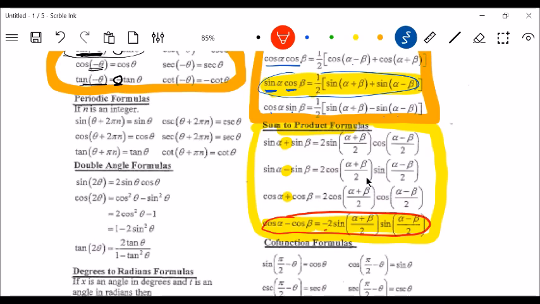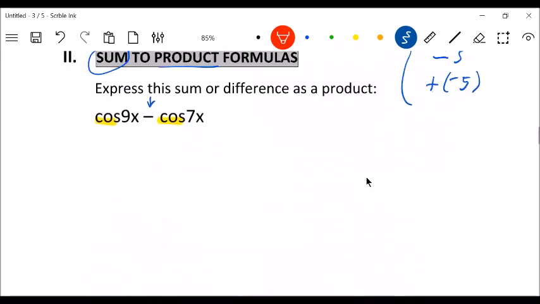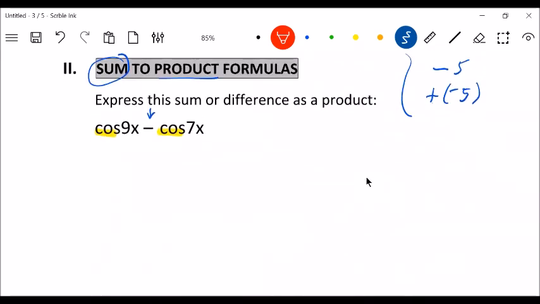And we're going to have a negative 2 sine, and then alpha plus beta over 2, and then a sine again, alpha minus beta over 2, and it's multiplying. All right, so let's go back to this, and now let's set that up.